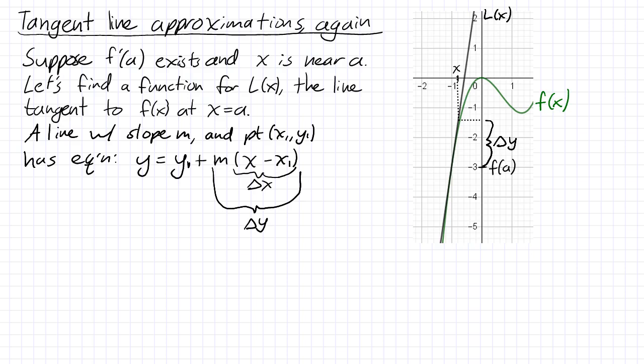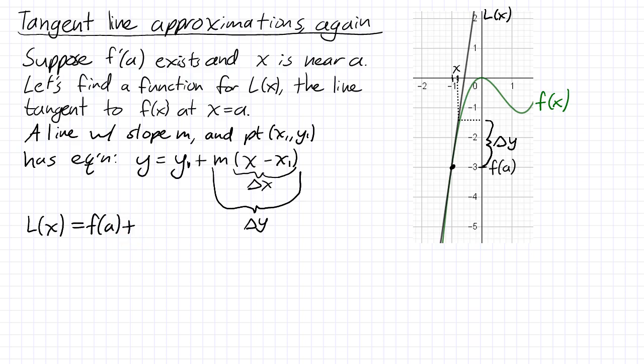Well, with our linear function here, L of x, the x1, y1 point that we know about is the point on the graph itself. So it's tangent at this point, a, f of a. So our a is -1 and our f of a is -3 in this case. So that's our y1, that starting y coordinate, f of a.